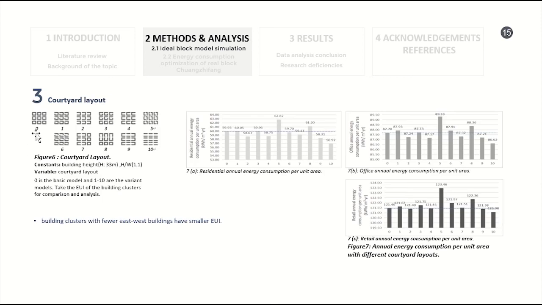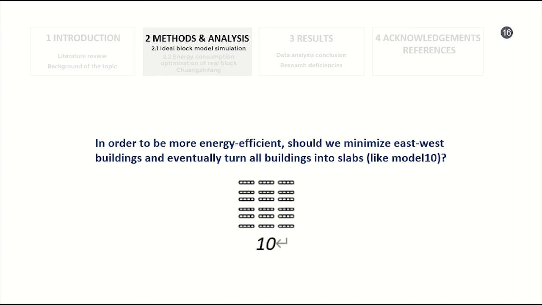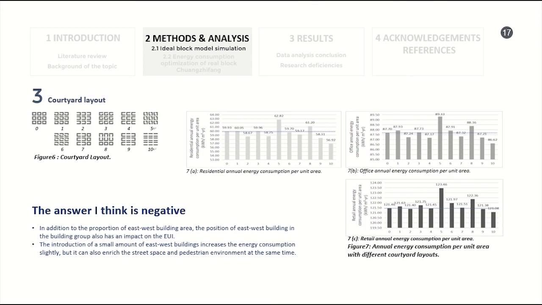compared to model 0. The models with better EUI are 10, 9, 4, 2, and the models that perform poorly are 5 and 8. The trend may be building clusters with fewer east-west buildings have smaller EUI. In order to be more energy efficient, should we minimize east-west buildings and eventually turn our buildings into slabs like Model 10?